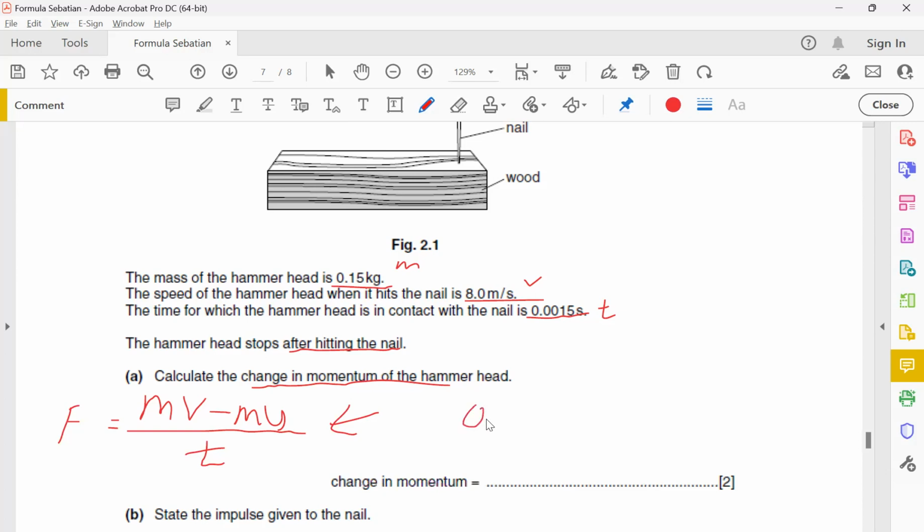0.15 times 8. That's 0.15 times 0.0015. Is it? Oh, this is your u, right? What does u represent again, Ivan?